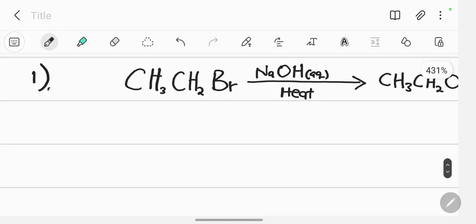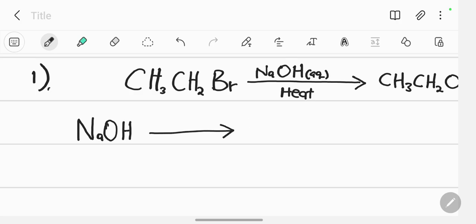I think that it has a mechanism, and in our mechanism I'm going to split it like this. Our sodium hydroxide is going to ionize fully, giving us sodium ions and hydroxyl ions, like that. So this one's aqueous, aqueous, aqueous there.